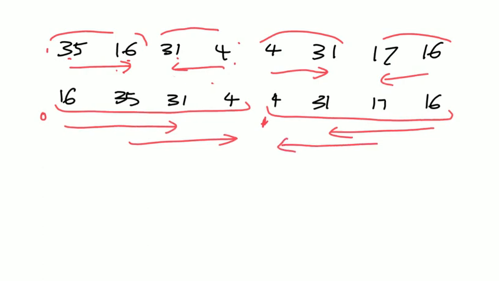Why the opposite direction? Because now that I have Bitonic sequences of length 4, I want to create a Bitonic sequence of length 8, which means I want to make the whole sequence a Bitonic sequence. Now 16 and 31, we maintain that. 35 and 4, we do a swap.